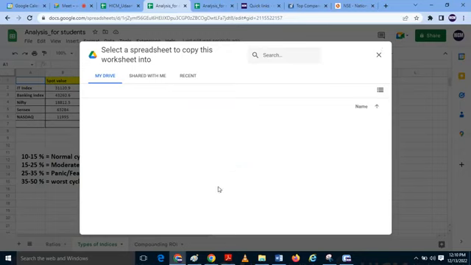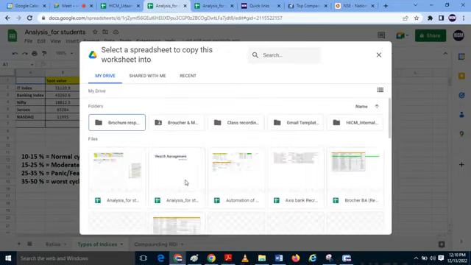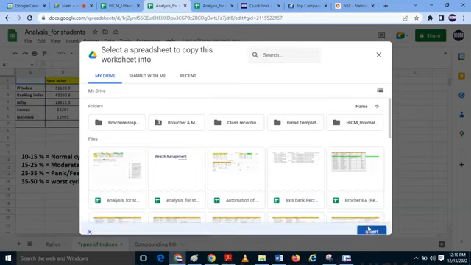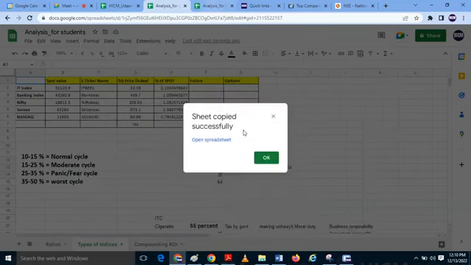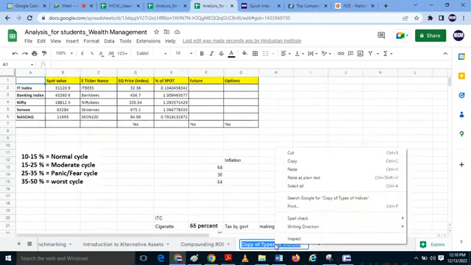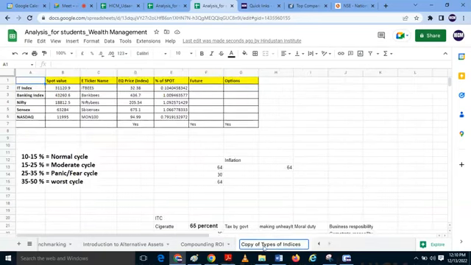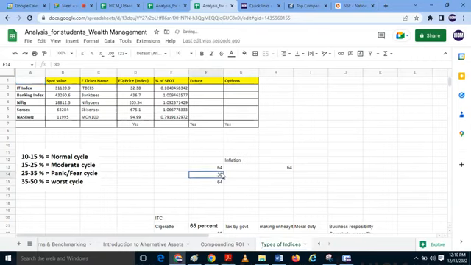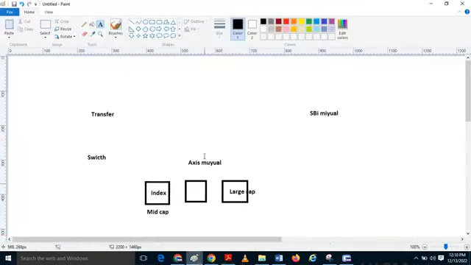I think this slide was not there, it is fine. Okay, now it will be here. There are different types of indexes available here.